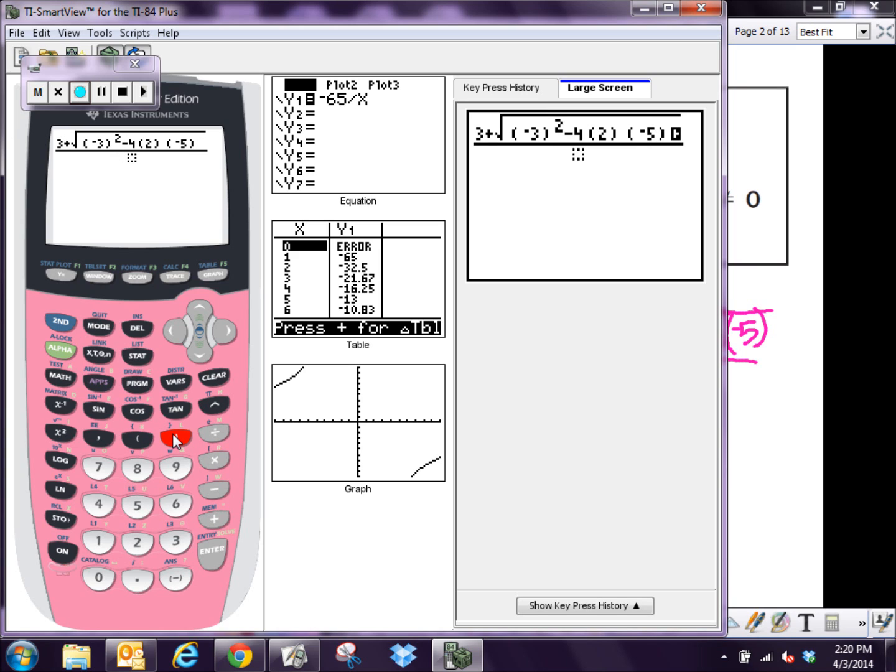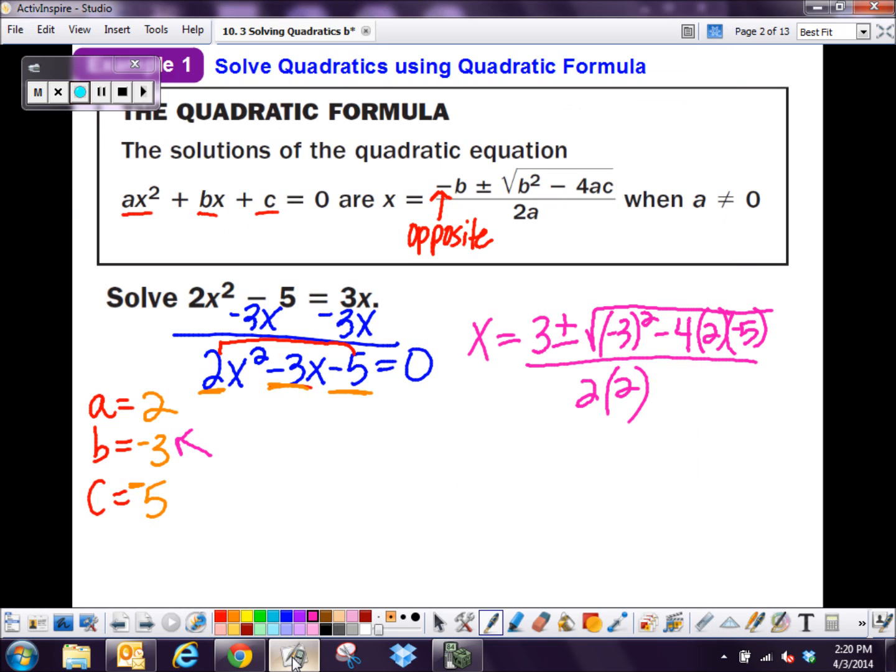And then I'm going to use my arrows to get down to the bottom of the fraction, where I'm going to type in 2 times 2 and press enter. So my first answer is 5 over 2. So I now know that x is equal to 5 over 2, but that's when I've done the plus part of the quadratic formula.